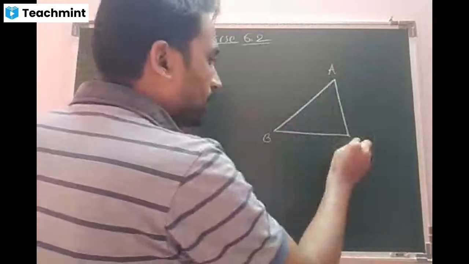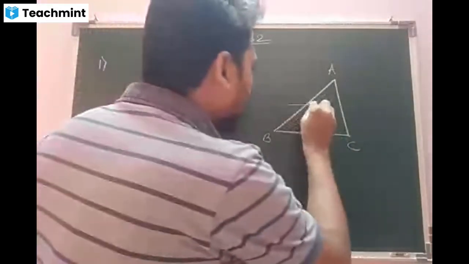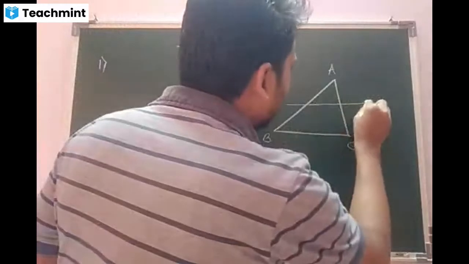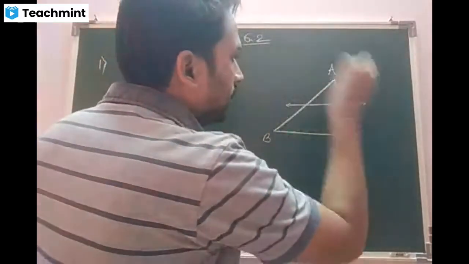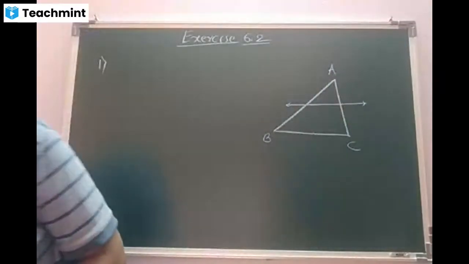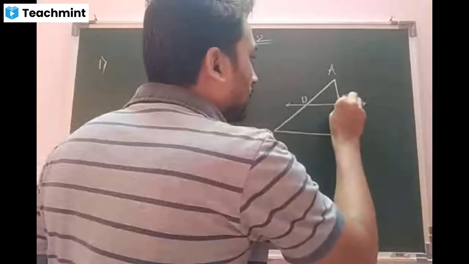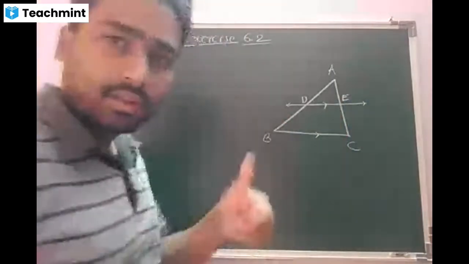In this, they have taken a straight line. D here, E here. They said this is parallel to the base BC, right?